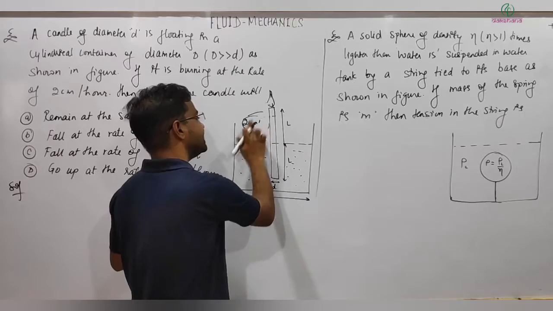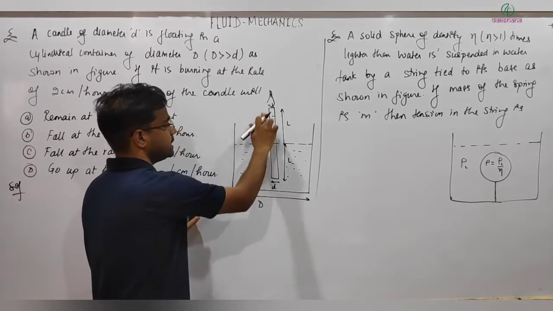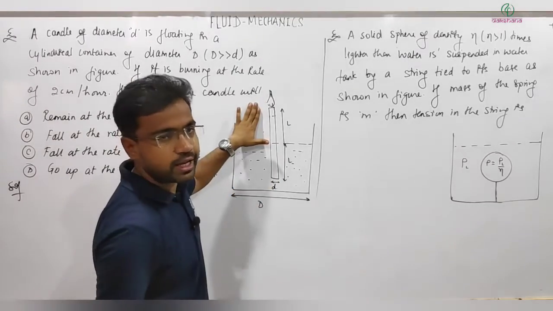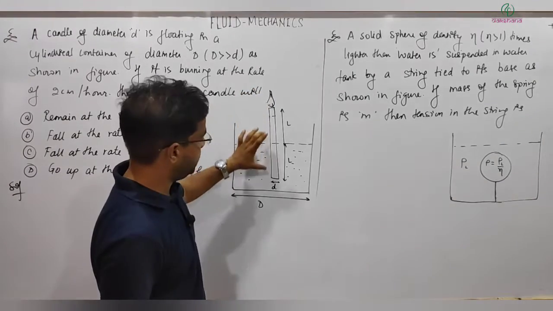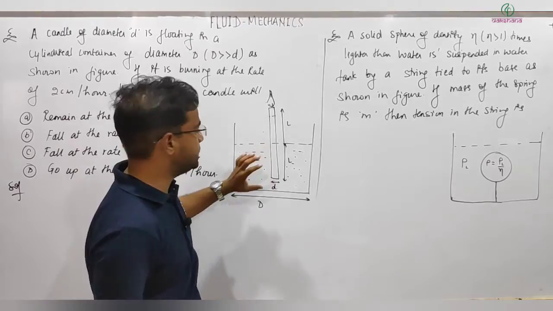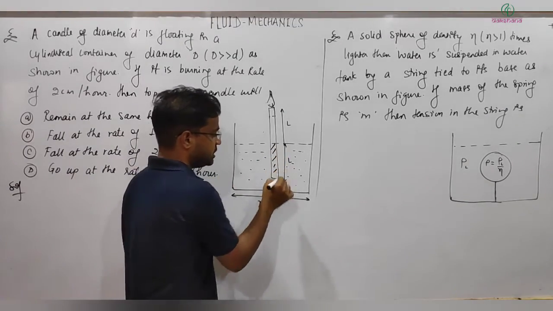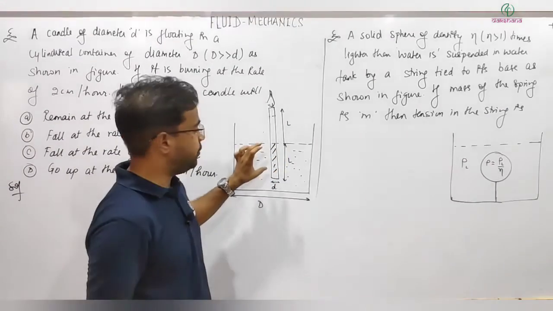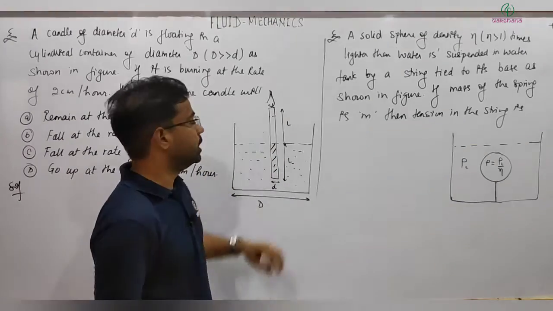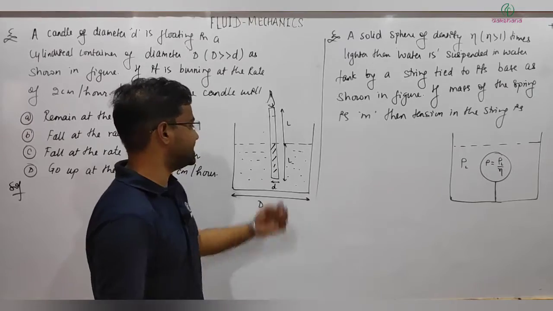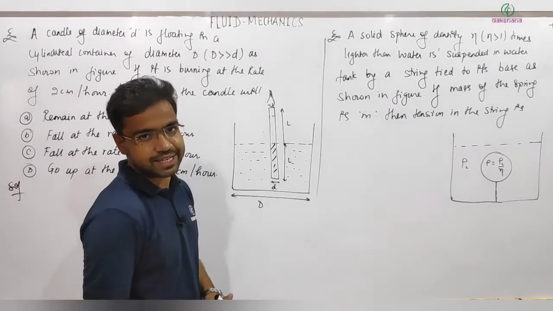So first thing, what is happening here? Let's suppose it is not burning. Then exactly half of the length is outside and half of the length is inside. This means the buoyancy force acting on the volume of liquid displaced by this much length of the candle is sufficient to balance its weight. So you can say the density of the candle is exactly half, right?